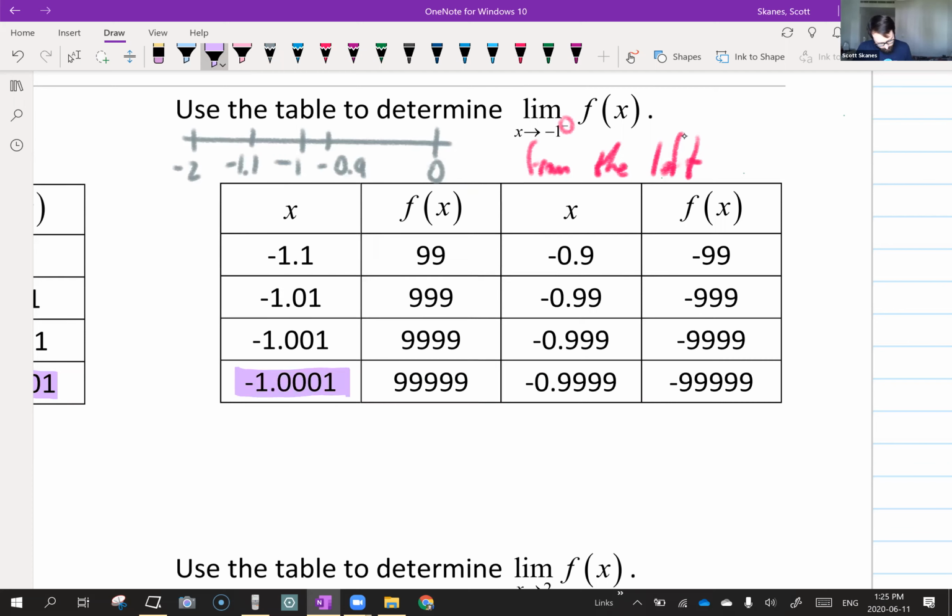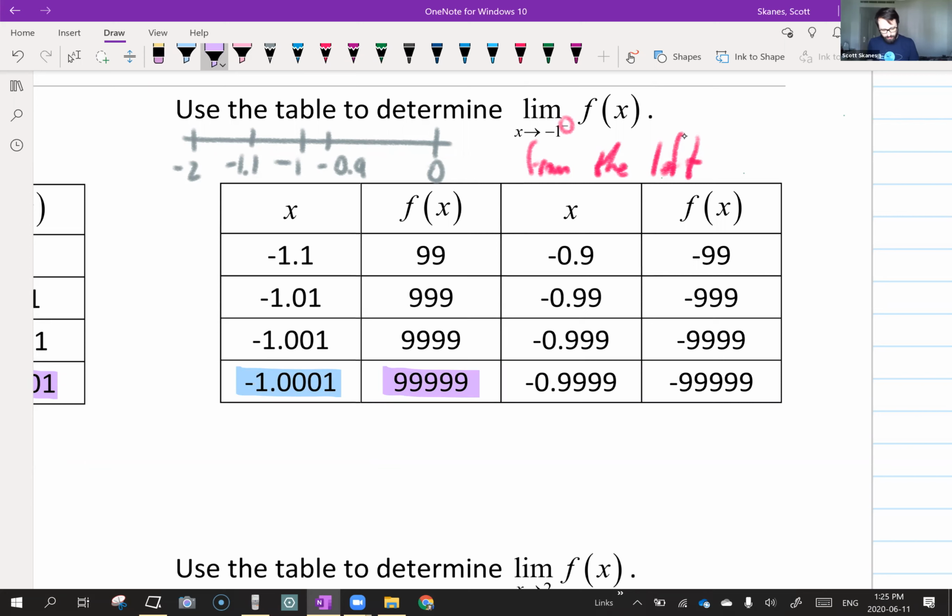From the left, as we get closer and closer and closer to -1 from the left side, we get closer and closer to this. Okay, 99, 999, 999, 999. You're saying 100,000. Think bigger, Ibrahim.